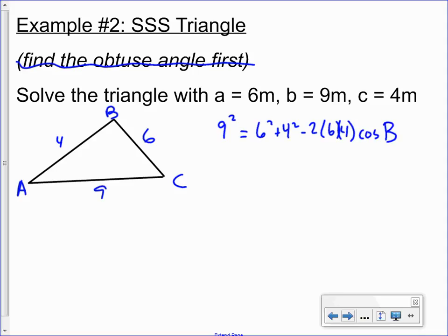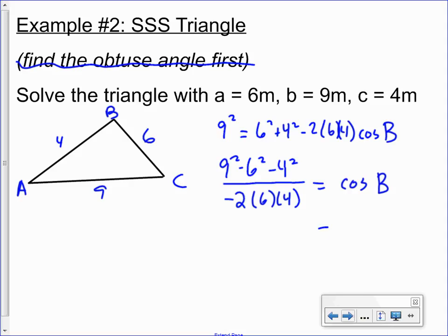All right. Okay, here's where we get it calculator ready. To solve this out, don't you agree that you have to subtract this, and divide by all this, right? So it's going to be 9 squared minus 6 squared minus 4 squared over negative 2 times 6 times 4 is how you would get the cosine of B, right?